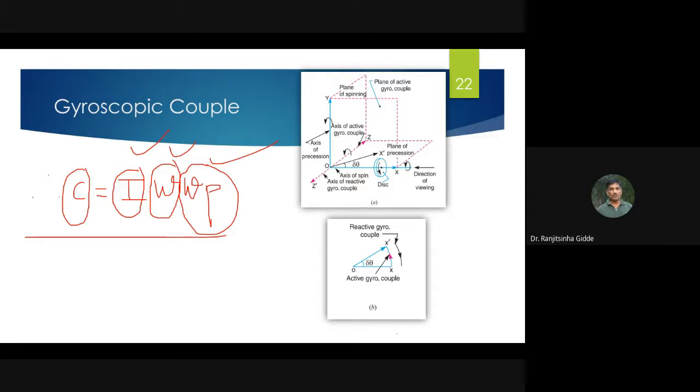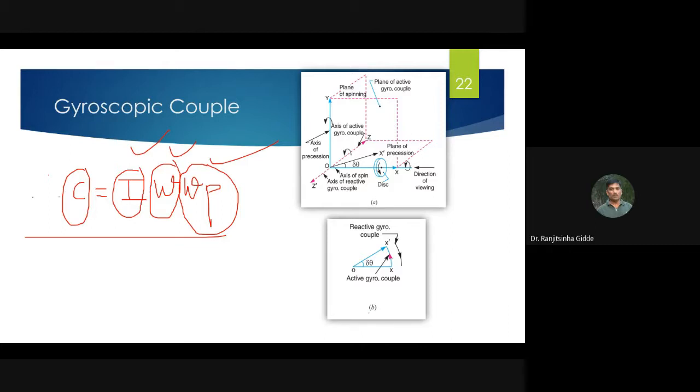Now tell me, this OX axis was there initially, and afterwards it became OX prime. For that we have changed the position of this by application of force. The driver turns the vehicle, or we turn the bike; that is our action, and to that action there will be a reaction. So next line you can write.